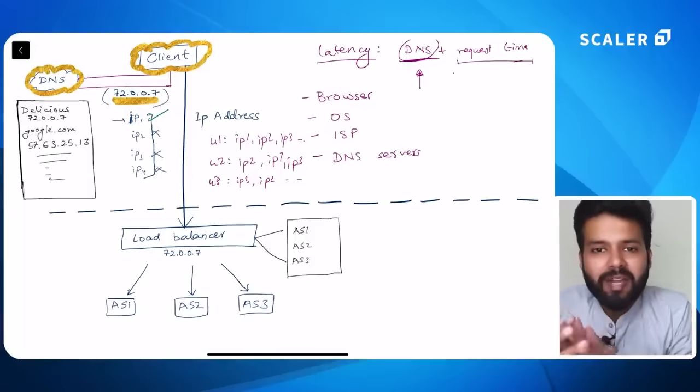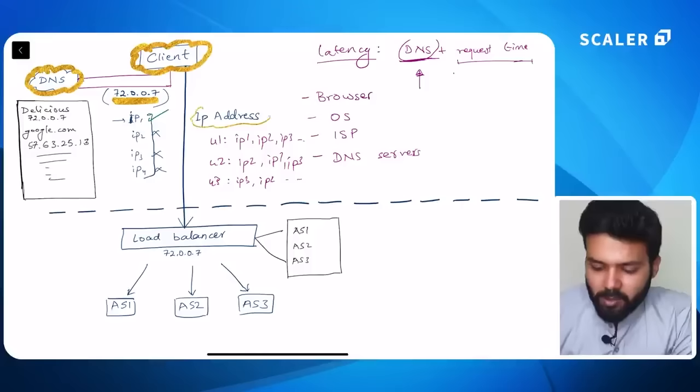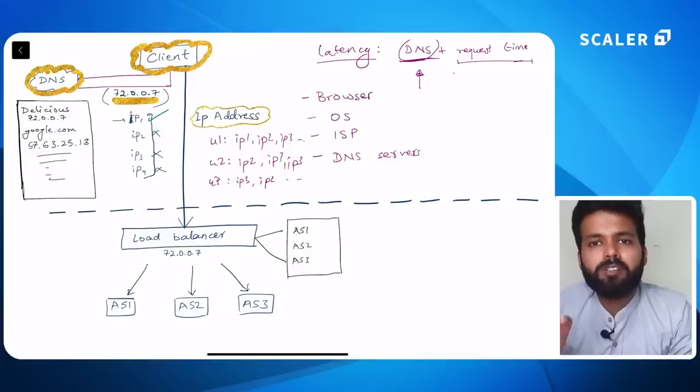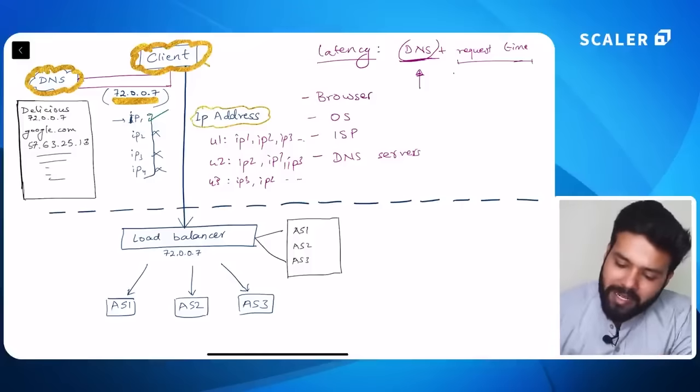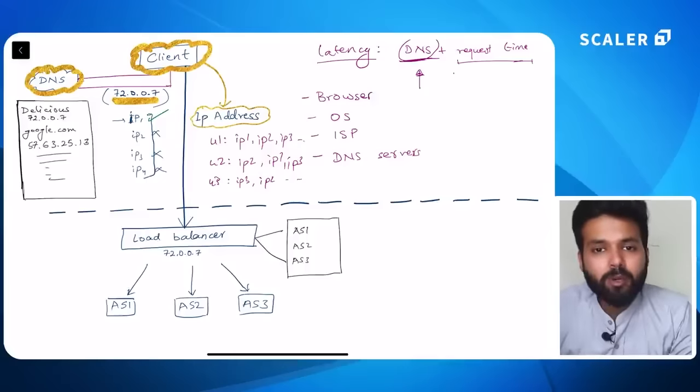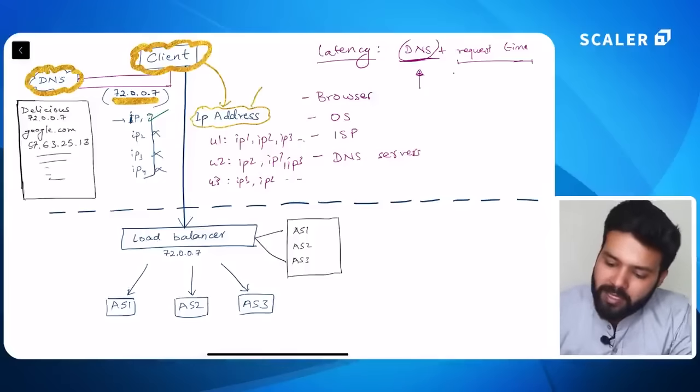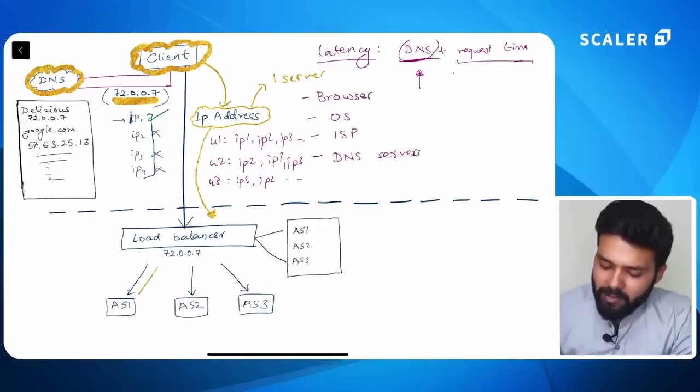Now we have identified the IP address which will be responsible for answering all my client requests. This could either correspond to a single server or a gateway server which will route traffic to my available servers.